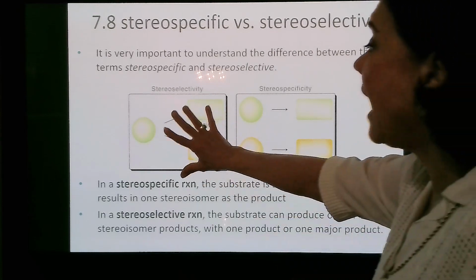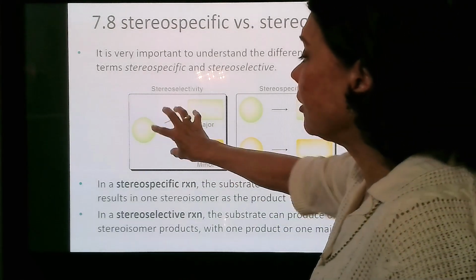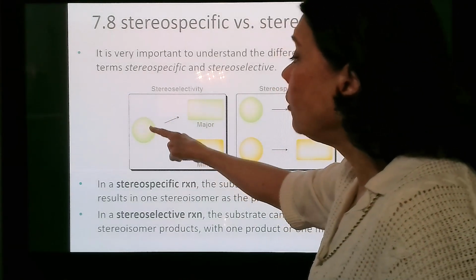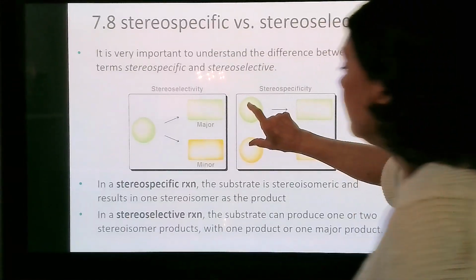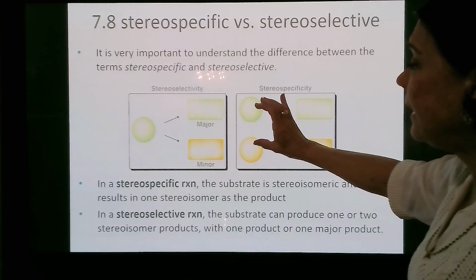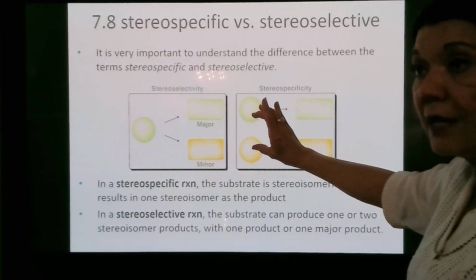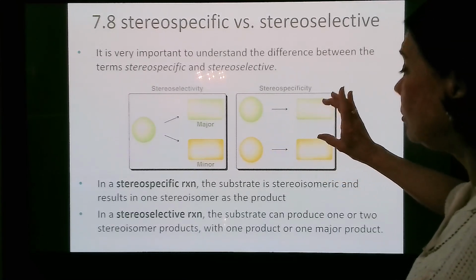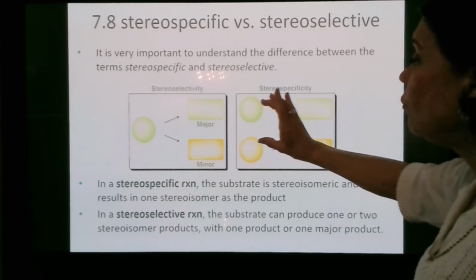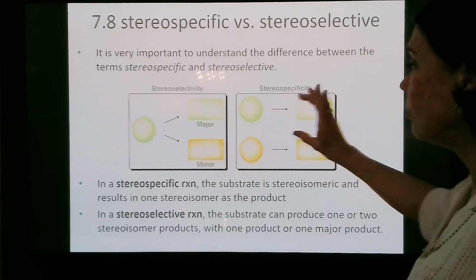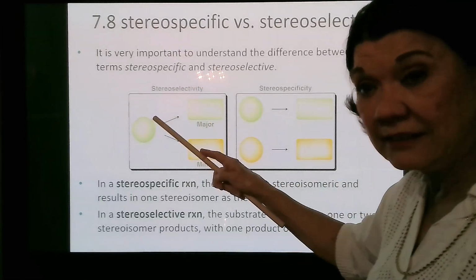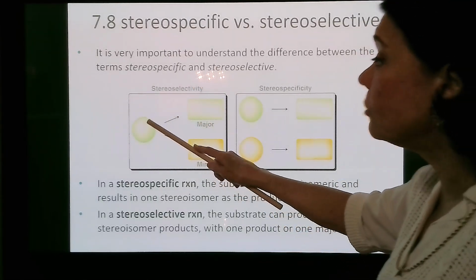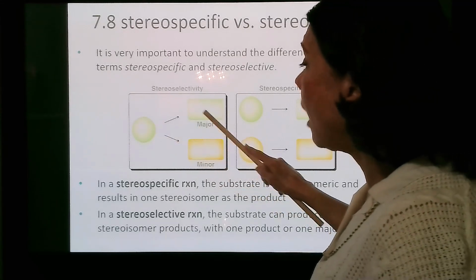And so that means that hydroboration is stereoselective because you only have one possible reaction. You can't use two different reactants and get two different products. So you can't have the pair here to demonstrate. So hydroboration is called stereoselective because you can start with one and you can get only one.